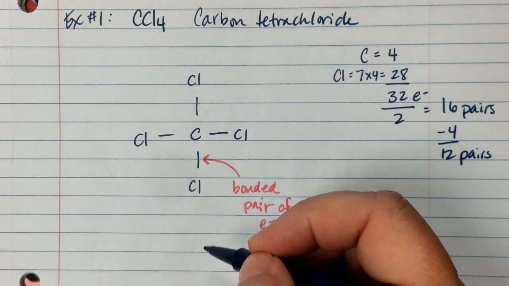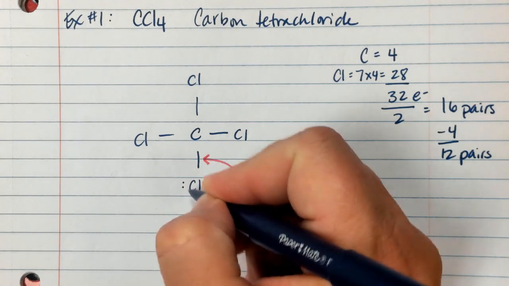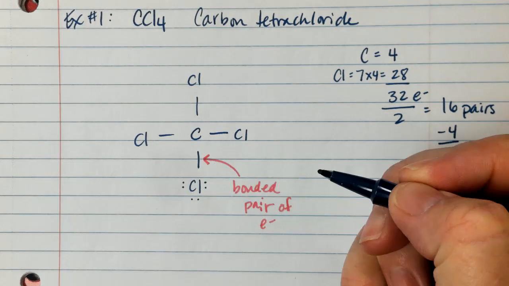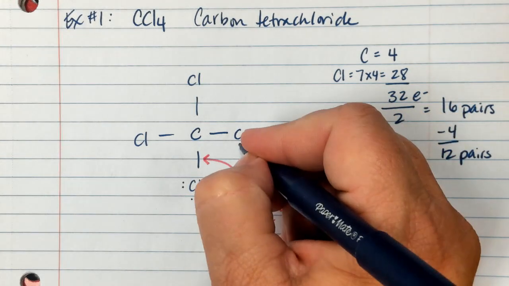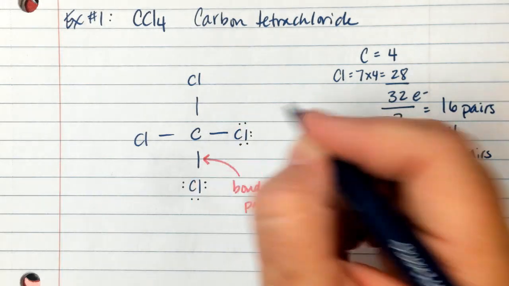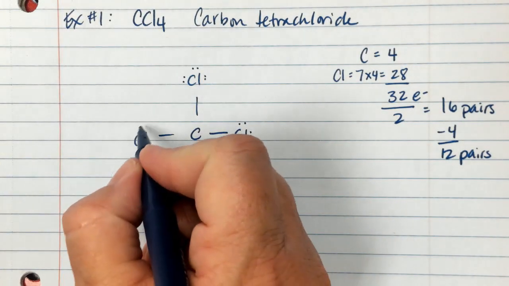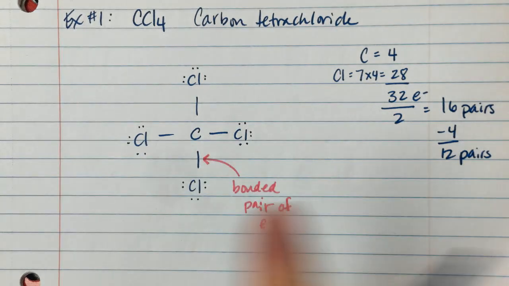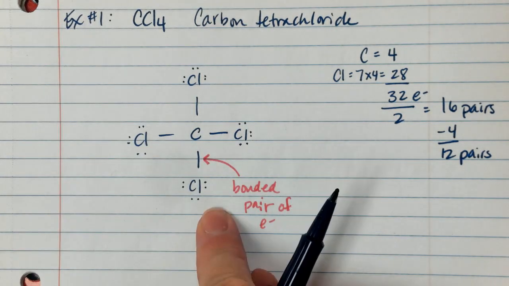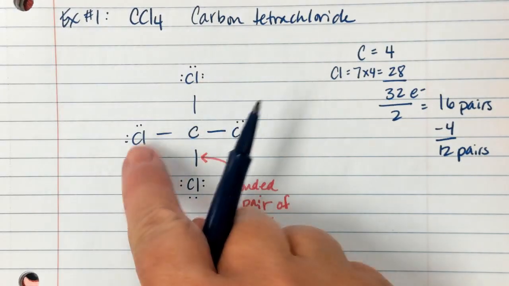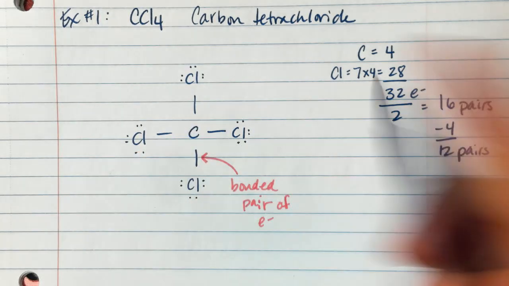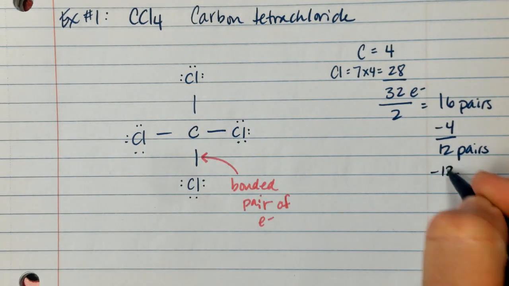Would you agree? Yeah. And I'm going to draw them as pairs because I'm a civilized person. Okay, I'm not going to draw hot garbage. It's messy. Whoever's grading it can't read it. And when you look, you added 3, 6, 9, 12 pairs around the terminal atoms. So you have no pairs left.